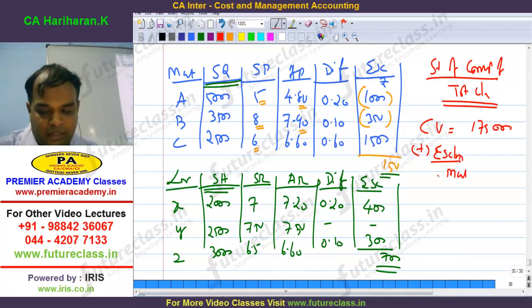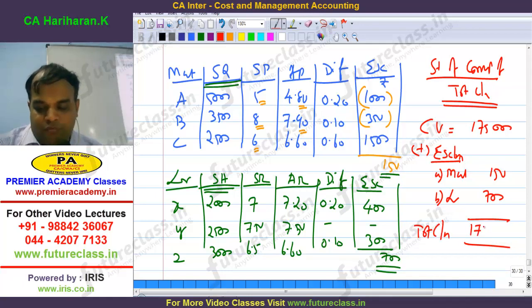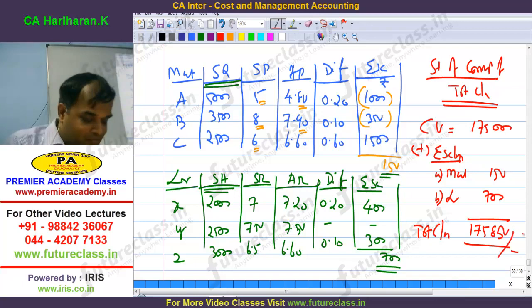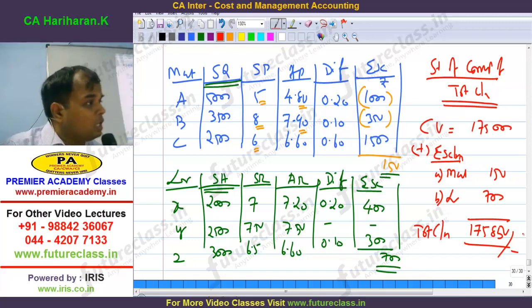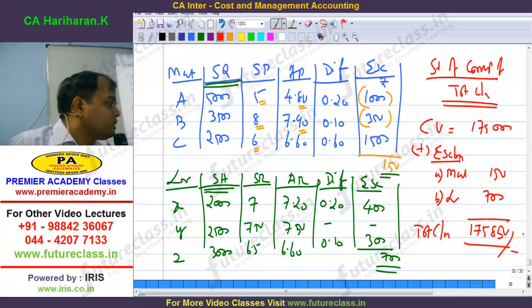For material, 150 rupees I have to charge extra. For labor 700. Total claim supposed to be 175,850. How much they charged? 177. Is it right? Not right. They are cheating. That's what is not.